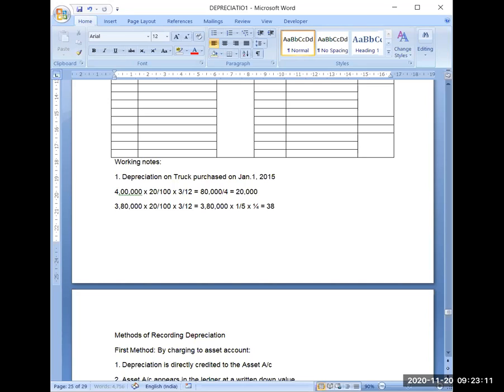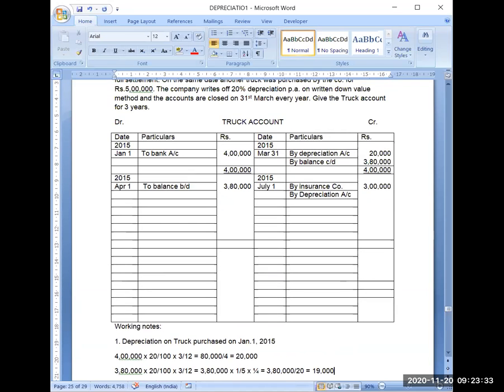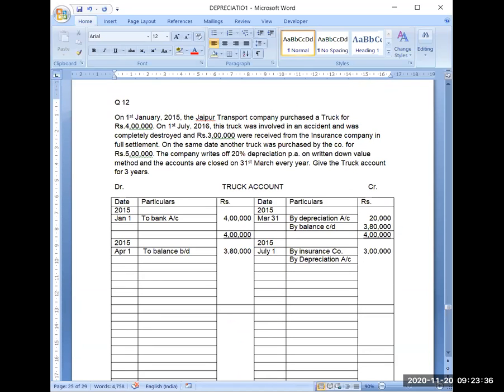It will become 3,80,000 divided by 20. So it will be 19,000. The date is July 1, 2015 or 16. It is 2016. Sorry.